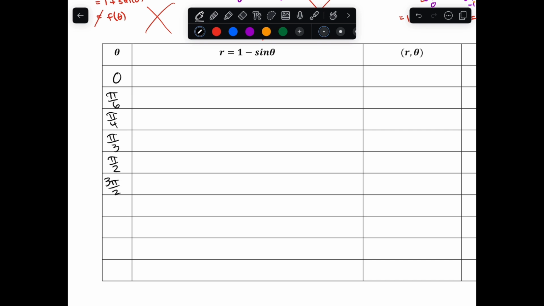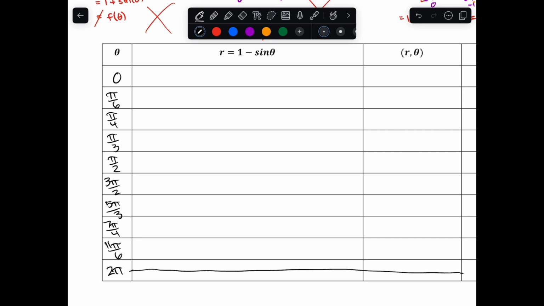So now we're going to go to 5 pi over 3, and then 7 pi over 4, 11 pi over 6, and then back to 2 pi. But 2 pi is going to be the same as 0, so I'm not going to have to actually redo that one. So now that we have all of our angles written down, let's actually find the function values.